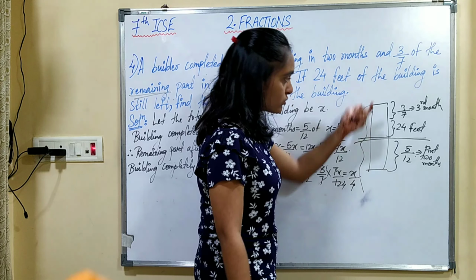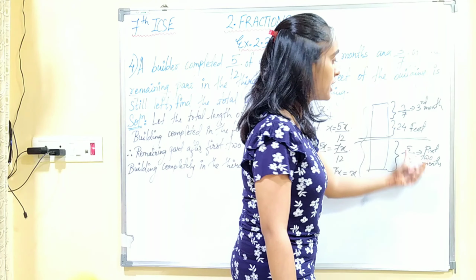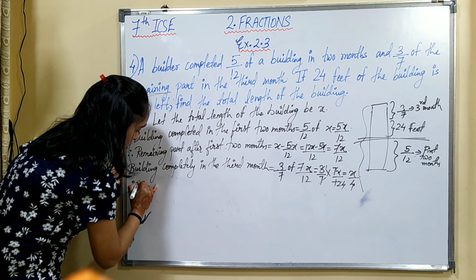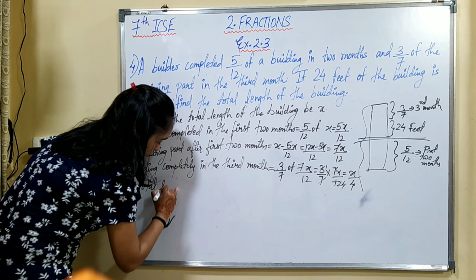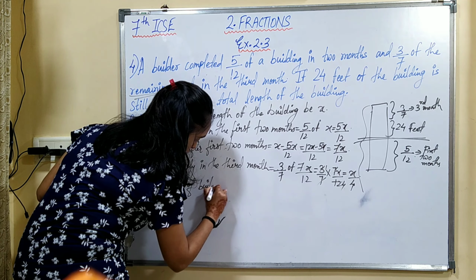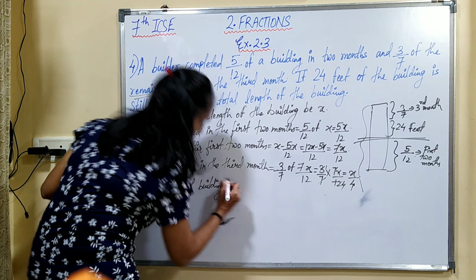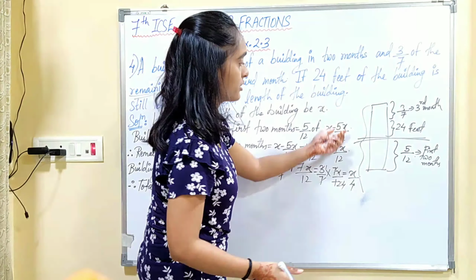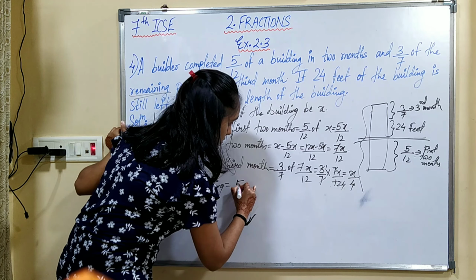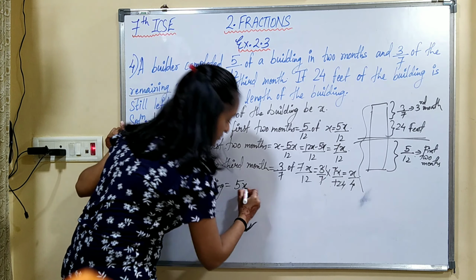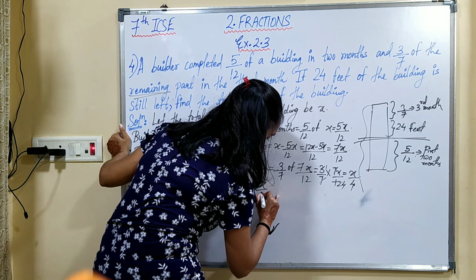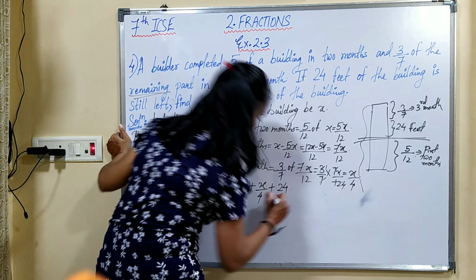Okay, so this much part was completed and still 24 feet are remaining. So the total length of the building will be the addition of these 3 values. So therefore, total length of building will be equals to 5x upon 12 plus x upon 4 plus 24.